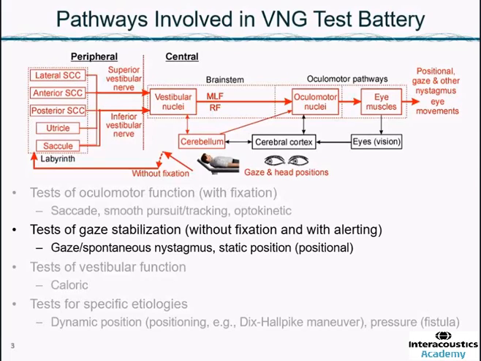So in tests without fixation, some level of alerting is usually necessary. Just to reiterate, in tests without fixation, by themselves, most of the findings are non-localizing, but this is the topic for our next webinar.